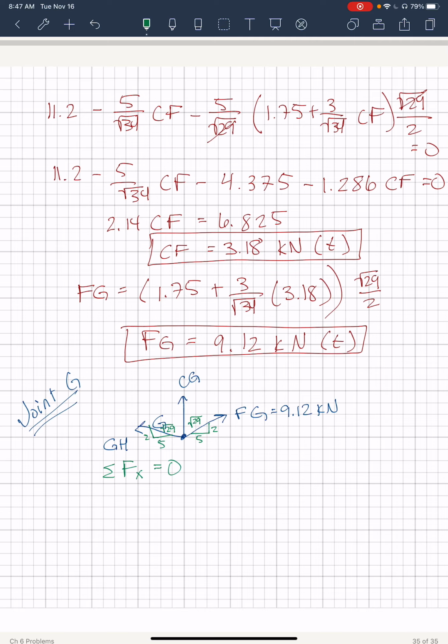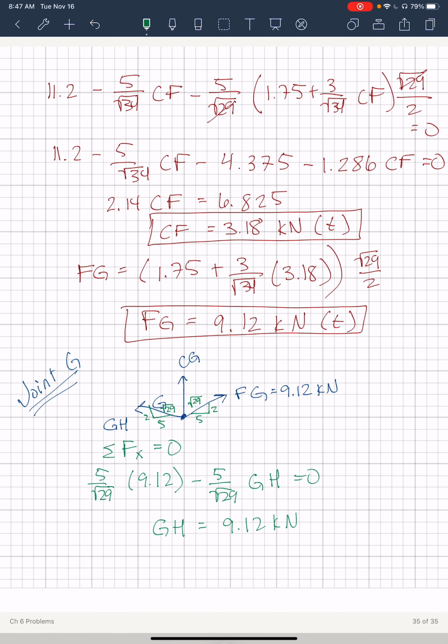So we get that x component of FG, which would be 5 over the square root of 29 times that 9.12 kilonewtons, minus that x component of GH, 5 over the square root of 29 times GH equals 0. So GH is going to equal 9.12 kilonewtons also.